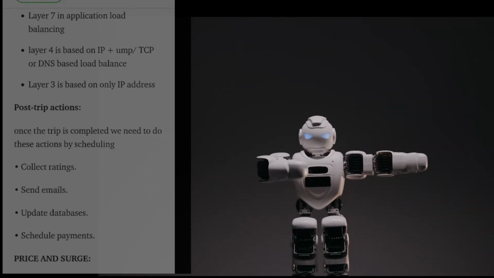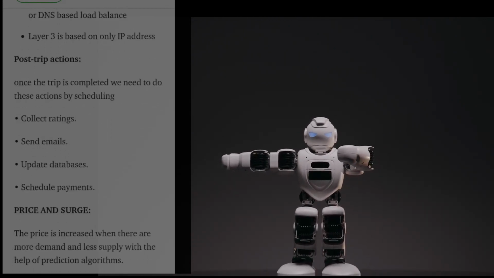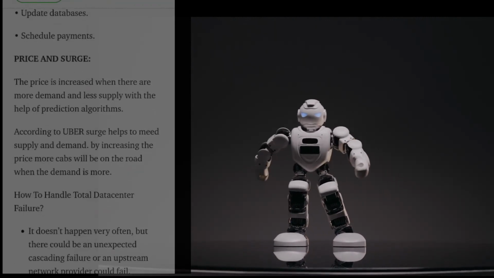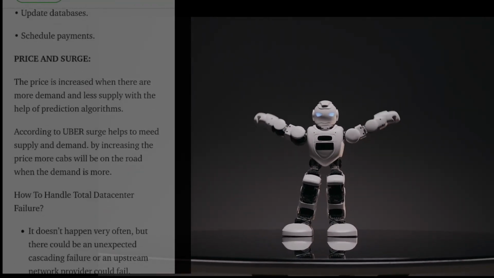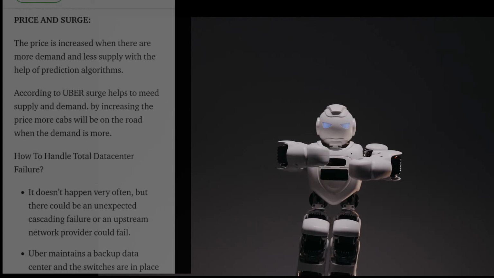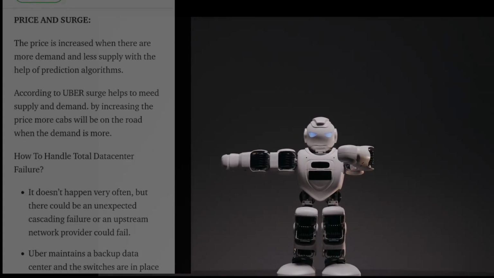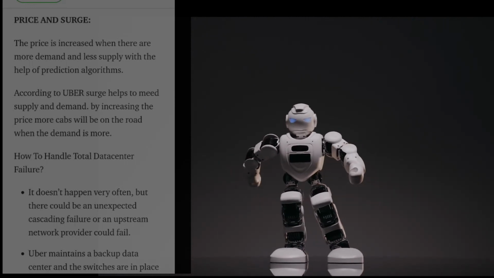Once a trip is completed, post-trip actions collect ratings, send emails, update databases, schedule payments, and compute price and surge. Surge is based on supply and demand: by increasing price, more cabs will be on the road when the demand is high.